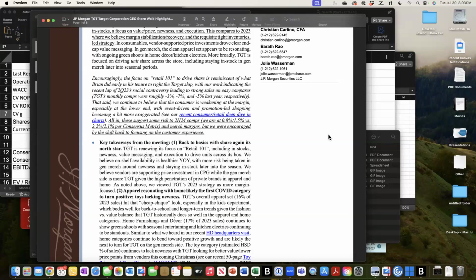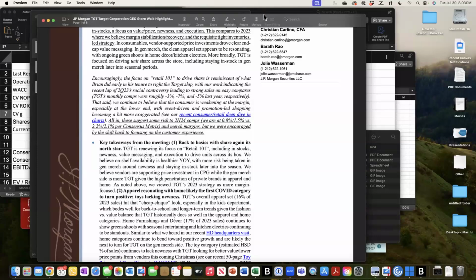It's almost like a C-suite level marketing scheme to the analysts. You have the CEO talking to the sell-siders directly, walking them through a brand new Target store, trying to convince them why the strategy is going to work, with the hope that they buy into it. And JP Morgan is not buying what he's selling. That's what his research report says. You guys can read it. That doesn't mean he's right or wrong, but that's part of what they're trying to do, because they're trying to figure out the future. Wade?